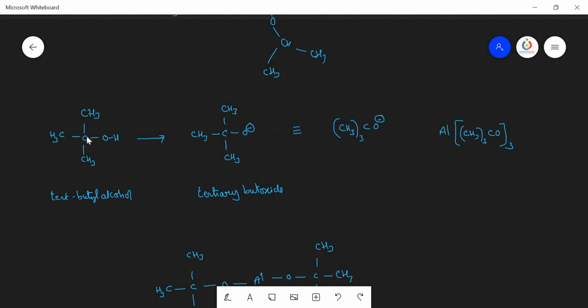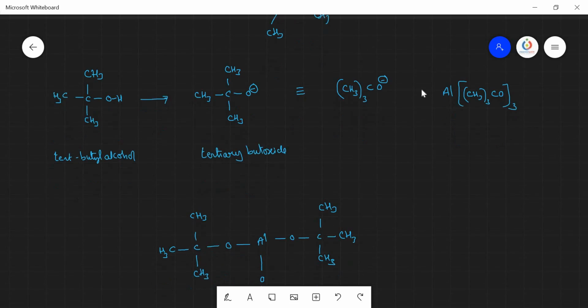And aluminum tertiary butoxide means this is the tertiary butyl alcohol. Again, you remove one hydrogen from here, you will get the tertiary butoxide. The tertiary butoxide formula we can write: there are 3 CH3 groups, so CH3 taken thrice, C, O minus. Again here it carries one negative charge, and aluminum carries a plus 3 charge, so to neutralize this plus 3 charge, we need 3 such groups.